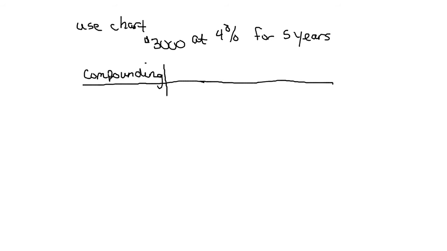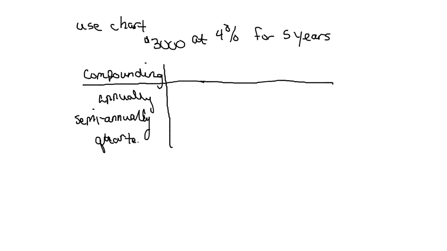There is semi-annually, which is twice a year, and then quarterly, and that's 4 times a year. So then we'll need to look at that chart and figure out what each of these are. So that's how much it's compounding.